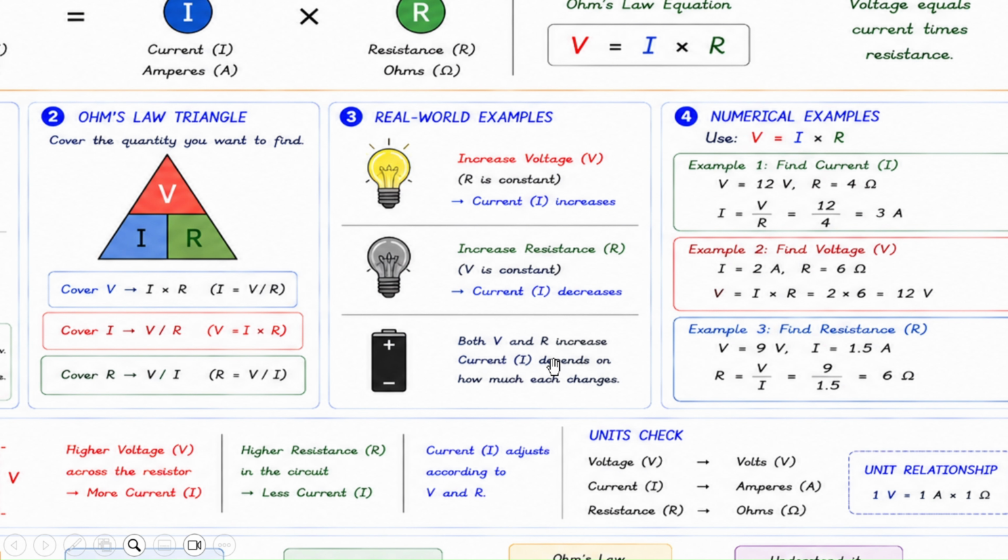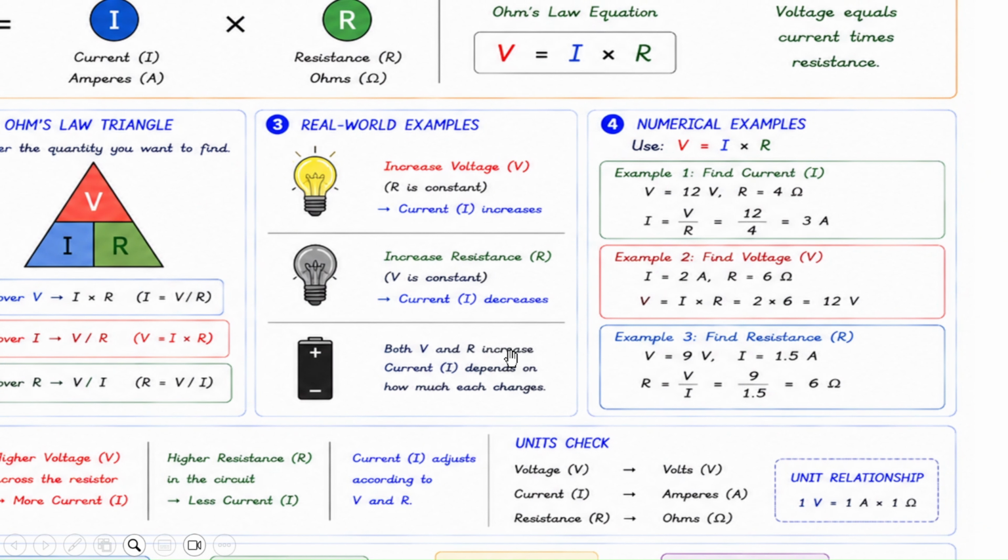If the increase of V is stronger than R, then the current will increase. Whereas if the increase of the resistance is higher than the increase of voltage, it's going to reduce the current.